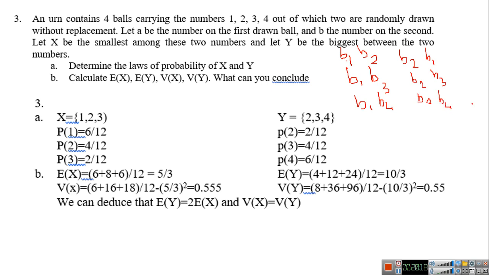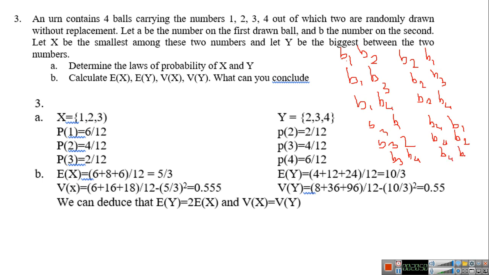Or I draw B3, B1, or B3, B2, or B3, B4, or I draw B4, B1, or B4, B2, and the last one, B4, B3. So how many choices do I have?